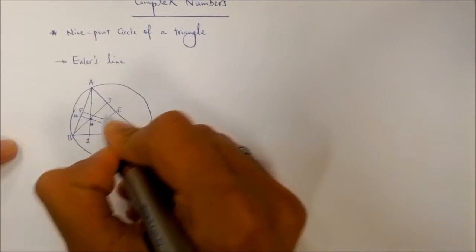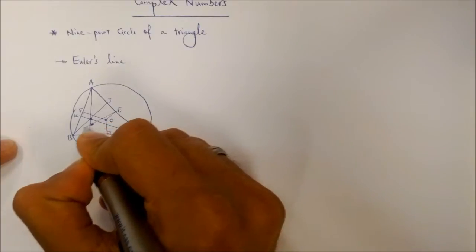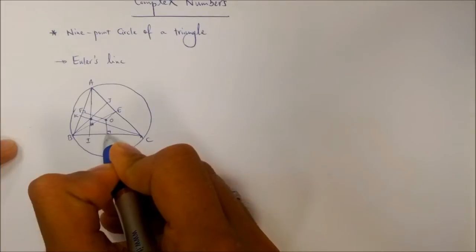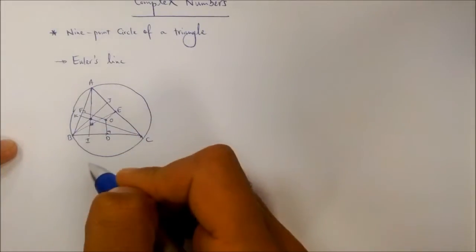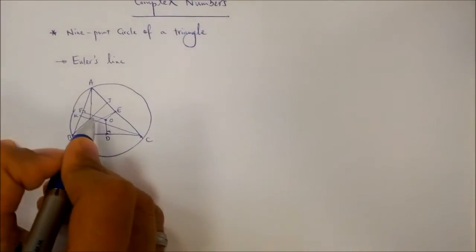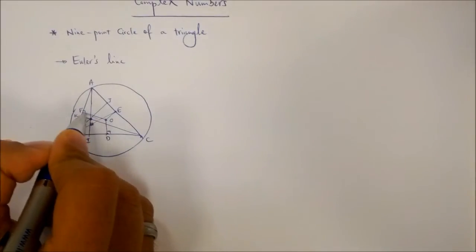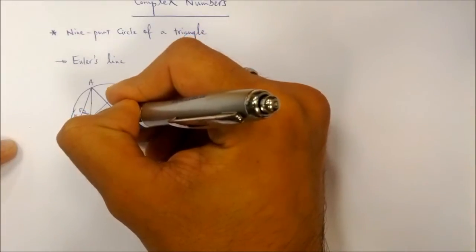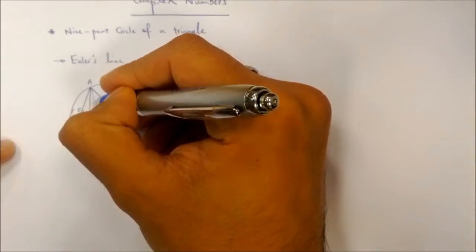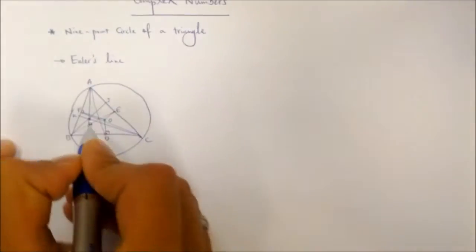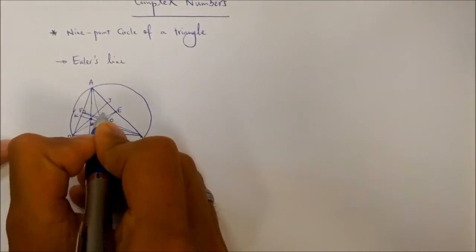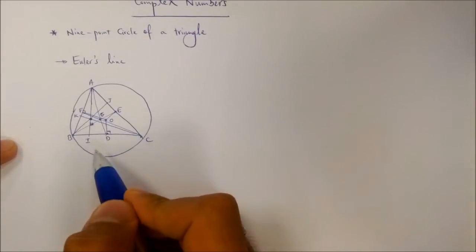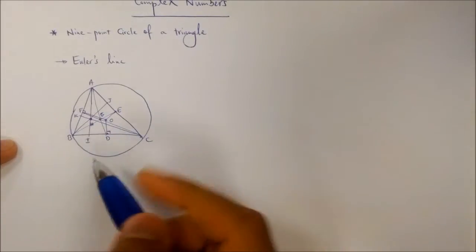So if I connect B to E, because E, D, and F are the midpoints of each side, then BE, CF, and AD are concurrent at a point G called the centroid or center of mass of the triangle ABC.